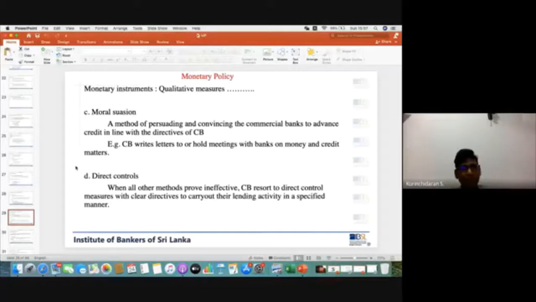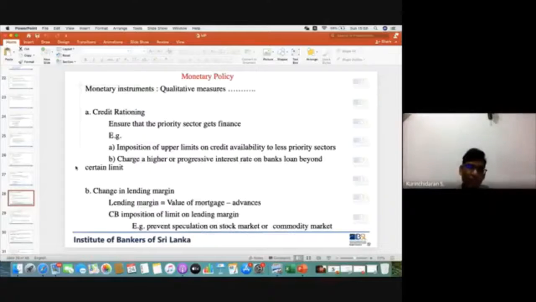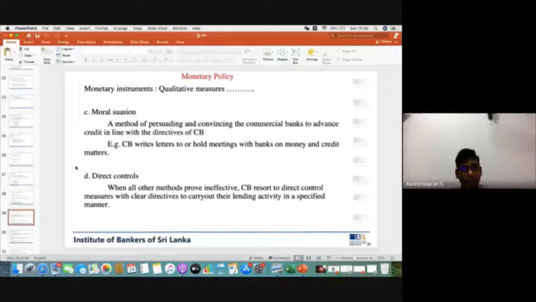Under qualitative measures, we have seen 4 items. One is credit rationing, another is change in lending margin, and moral suasion and direct control. So these are the ways the central bank can have an impact on credit creation, ultimately to achieve the goal of economic and price stability, right? Okay.